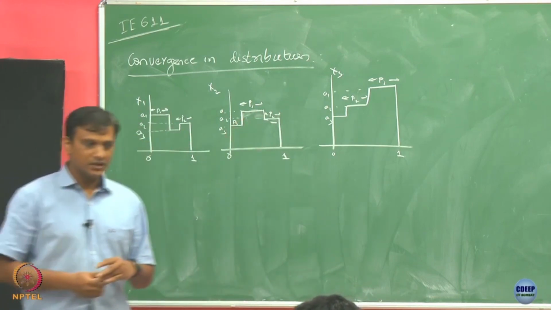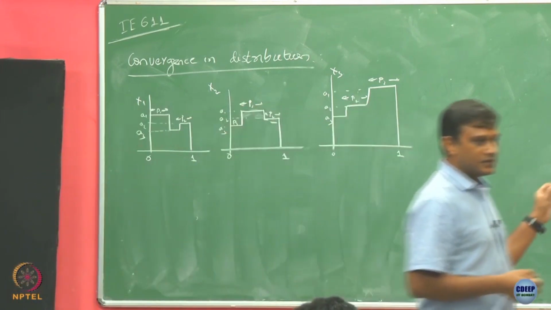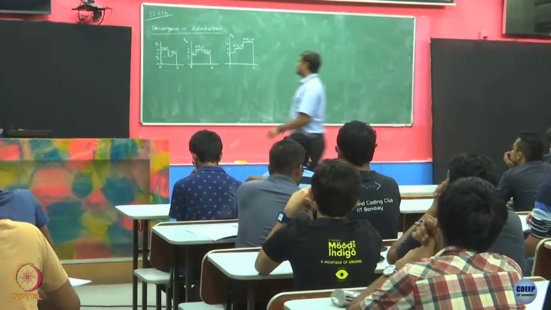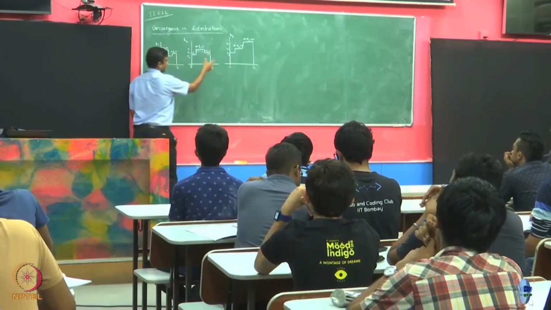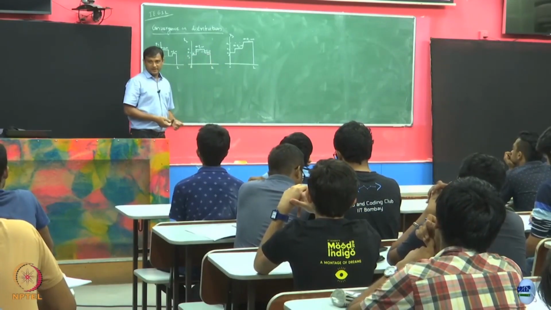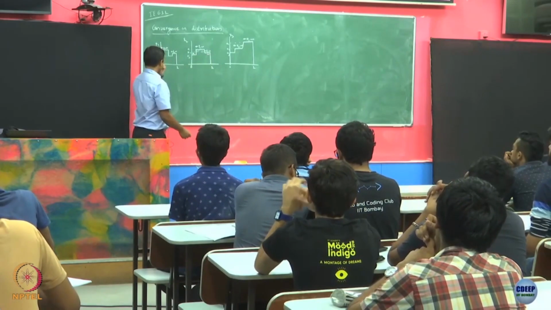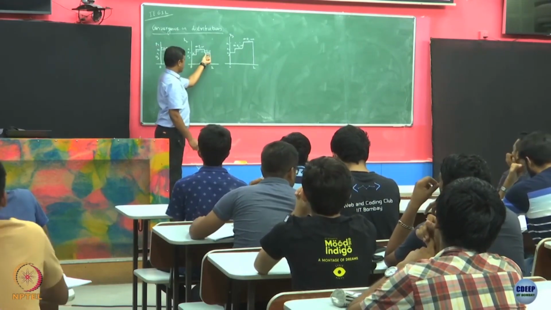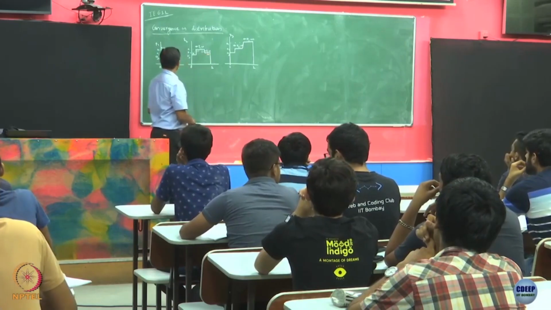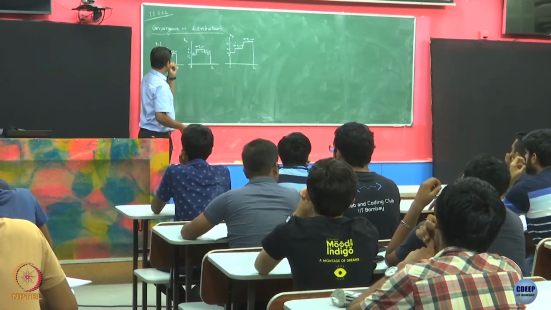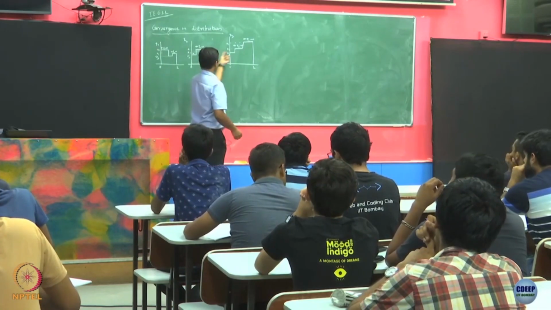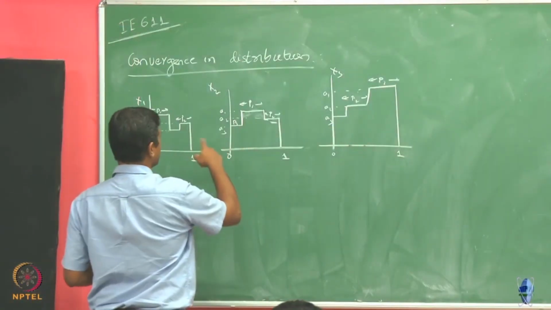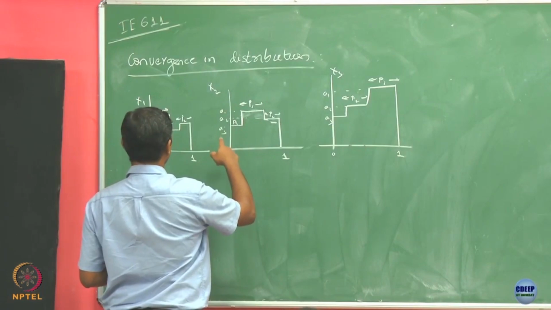All of them take the same 3 values, but the intervals on which they take these values are different. Here it is taking value p2 on this interval, and here it is taking the same value p2 on a different interval.